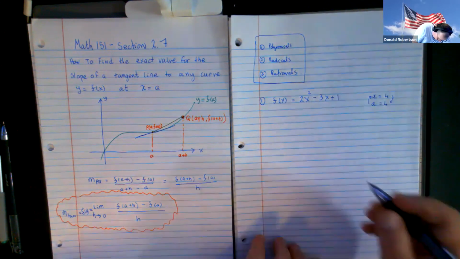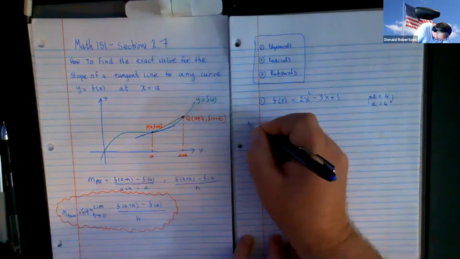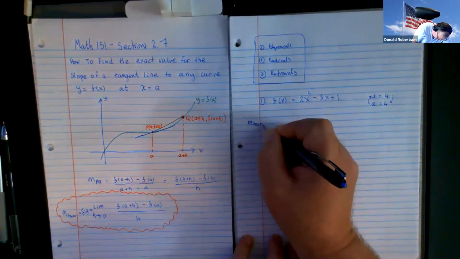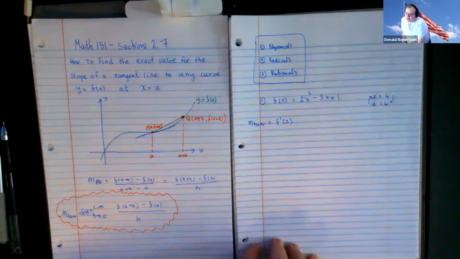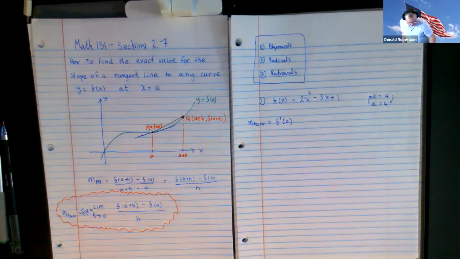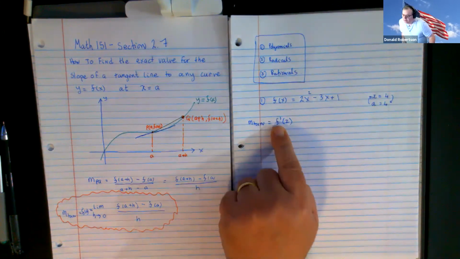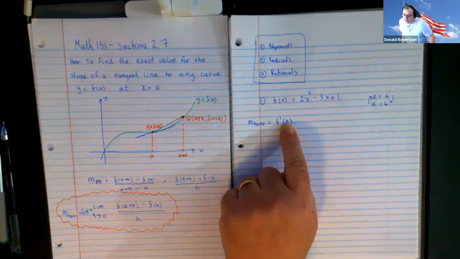So the slope of the tangent line, which is called f dashed of 2. Isn't that a nice notation that says the slope of the tangent line at the x coordinate 2? It's a lot easier to say that.